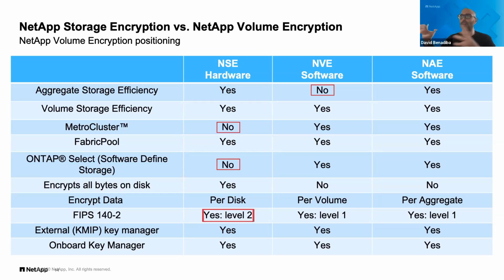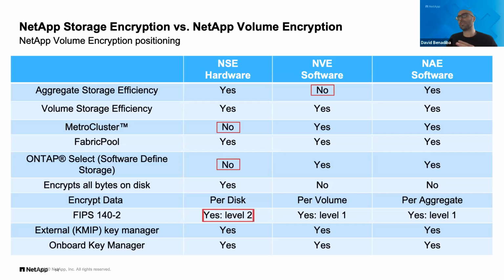If you want to get the best efficiency and you can go for hardware-based encryption, let's go for hardware-based encryption. If you cannot have hardware-based encryption, meaning self-encrypting drives, go for the NAE method, NetApp aggregate encryption, which is going to preserve and avoid losing some efficiency ratio at the aggregate layer.